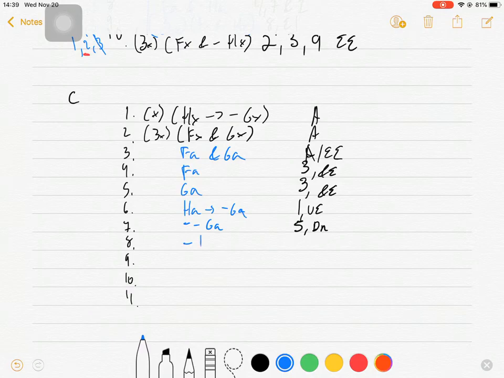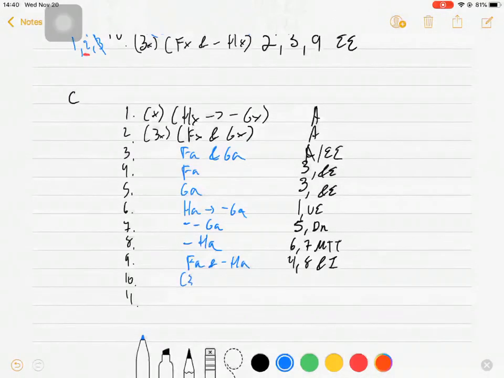Then we can do MTT. And we have to discharge outside of our EE.